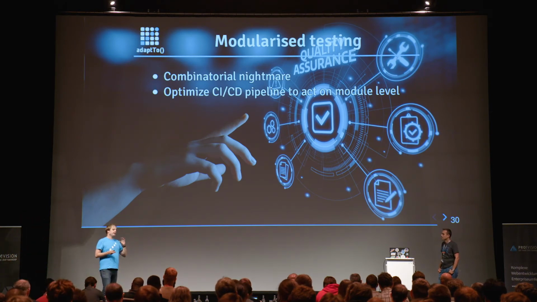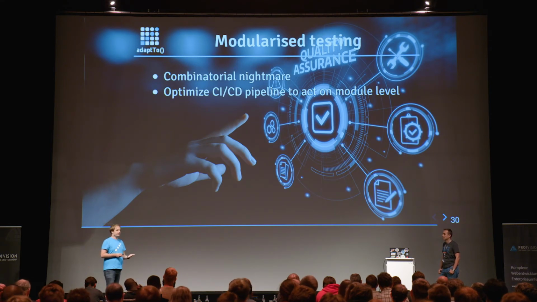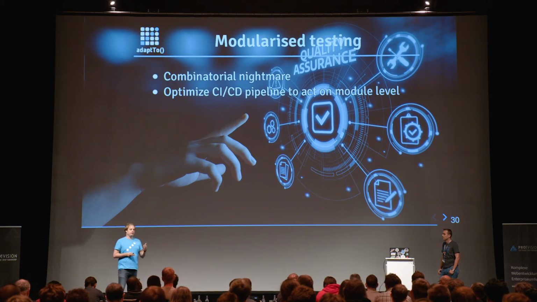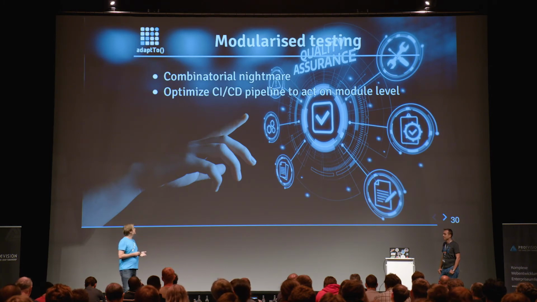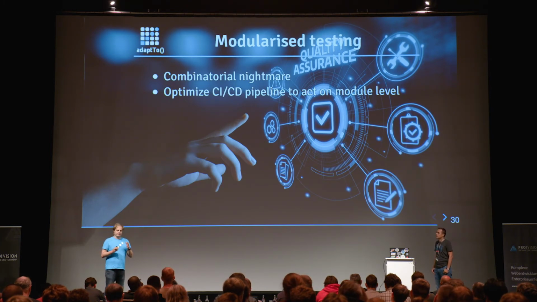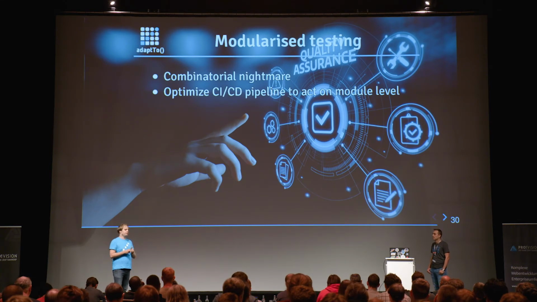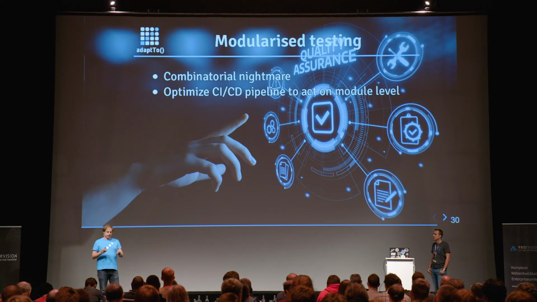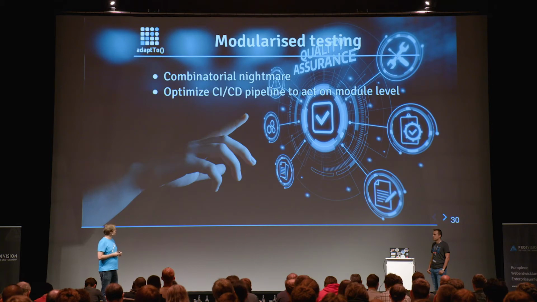So we are already in this combinatorial nightmare. And what we did for that already is look at what is really creating value, what kind of tests are creating value. So for us, we optimized our CI/CD pipeline to still have this one pipeline for everything being installed and having integration tests running on everything and various combinations of configurations.